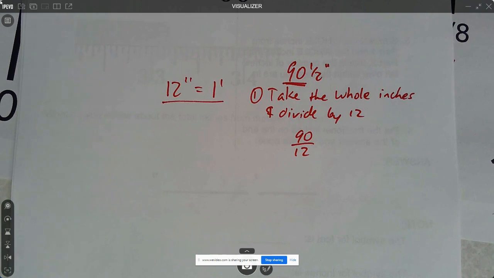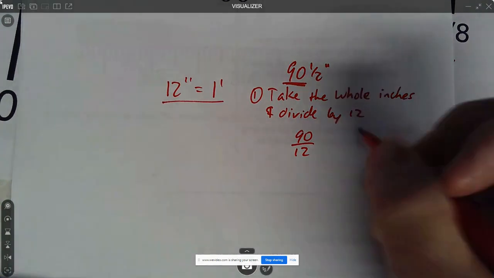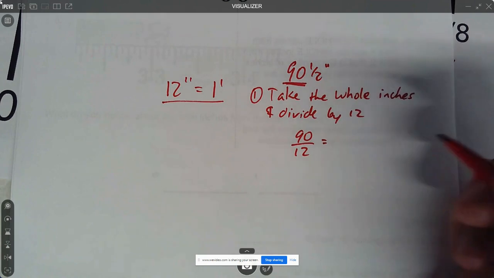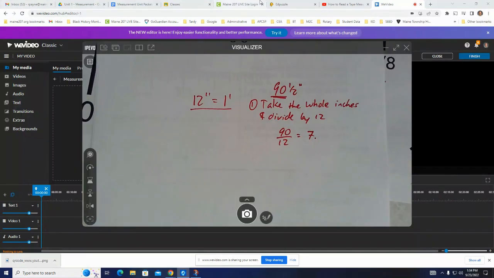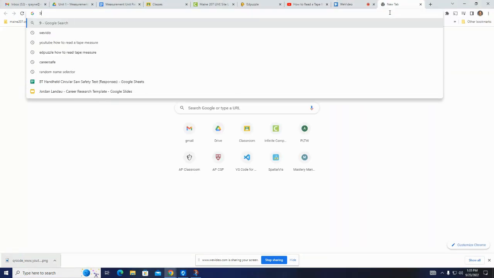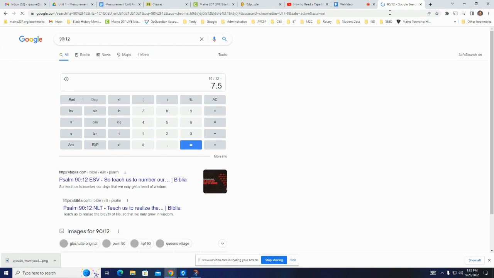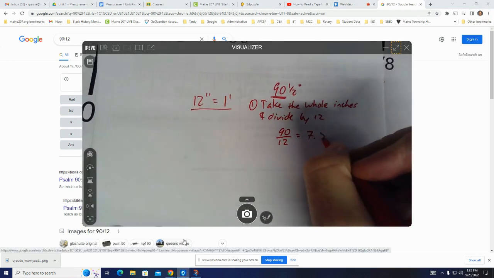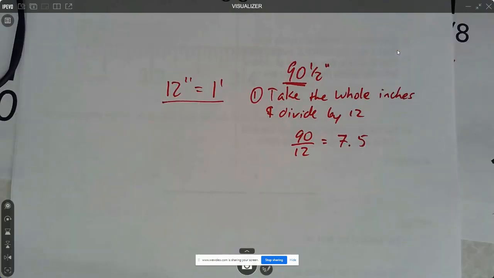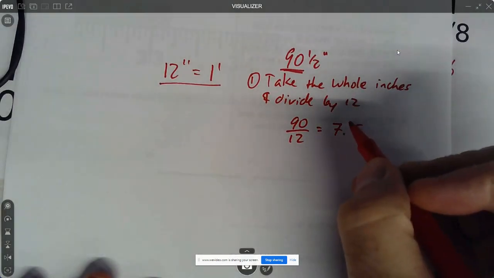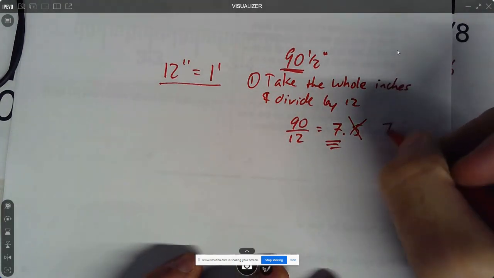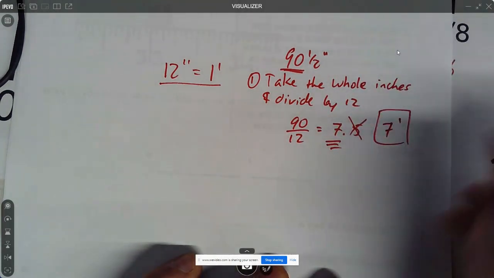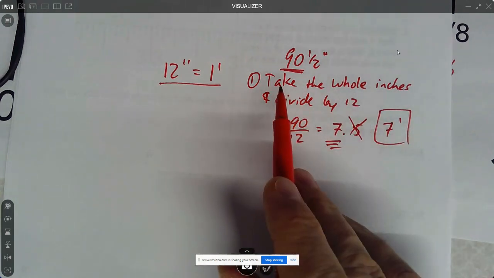But if you do that, you'll find probably that it is 7 point something. I'll just pull up a quick calculator online here. 90 divided by 12, and it's 7.5. But the idea is we don't really need to pay attention as much to what's in the decimal. All you need is that whole thing there because that is your feet. So we know that 90 inches is 7 whole feet.